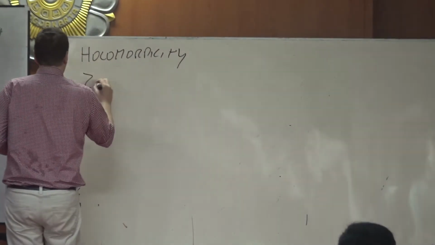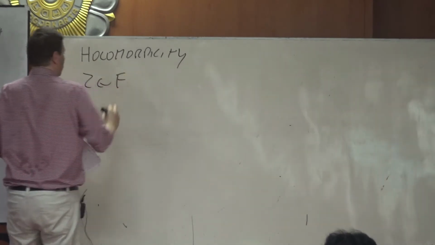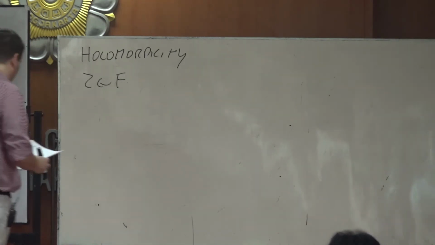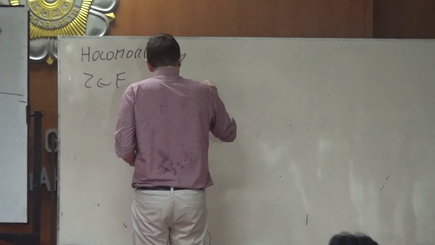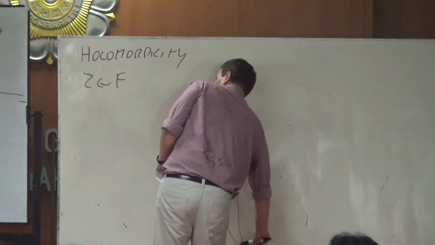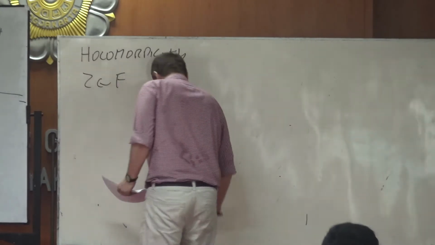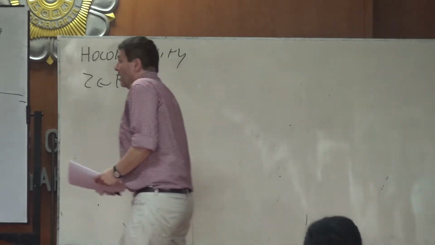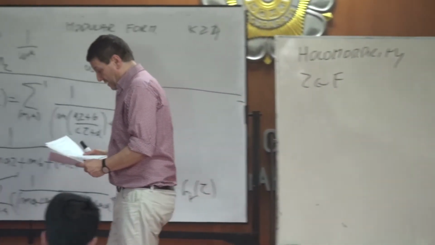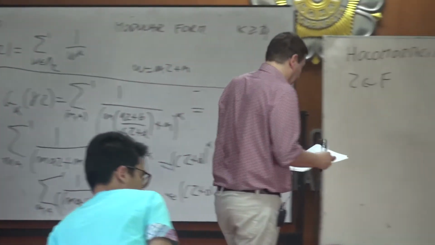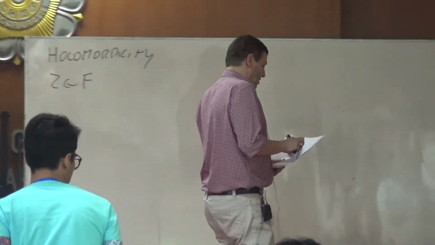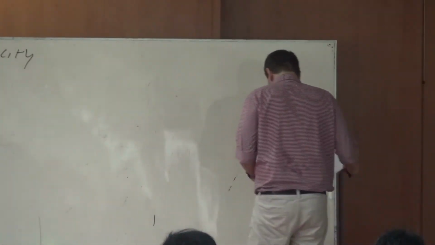We start with tau in the fundamental domain, not tau equal infinity. So we have to show that that one. Oh, let me tell you the idea. So the main result that we are going to use is this one.